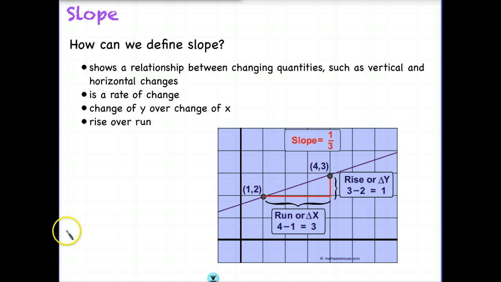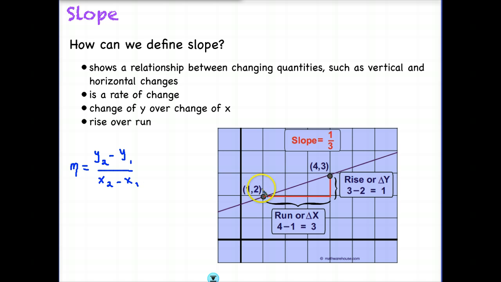Let's look at the equation for slope. Slope is represented by m in our equation y equals mx plus b, which we are familiar with. So when we write the equation, we always say change of y's. So we say y2 minus y1 over x2 minus x1.